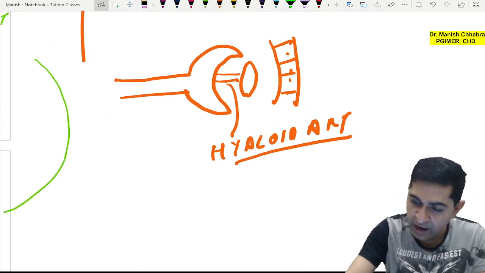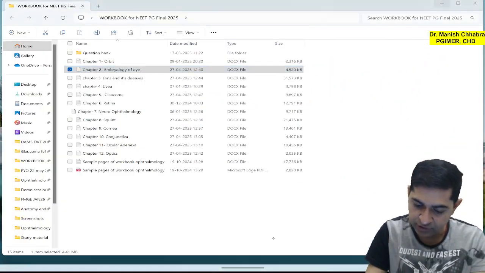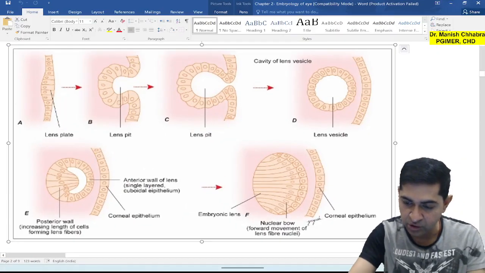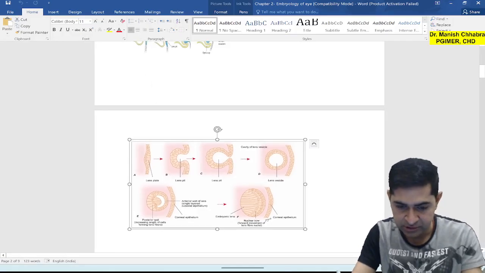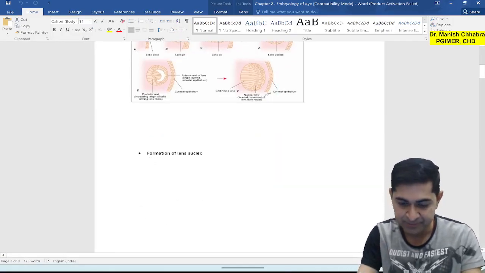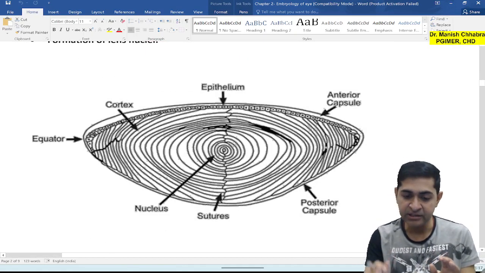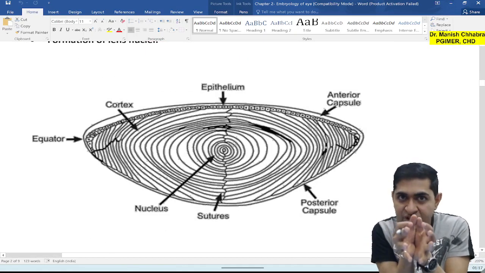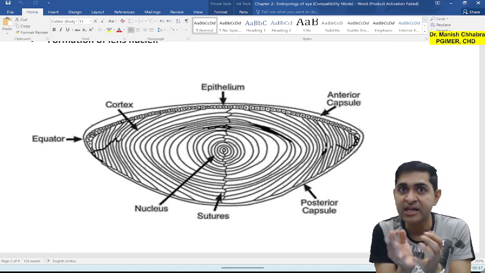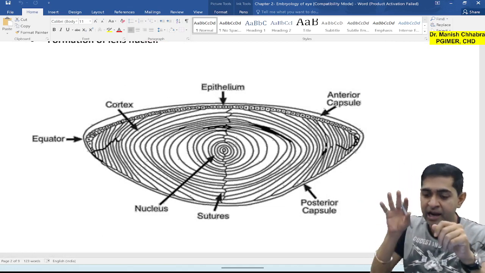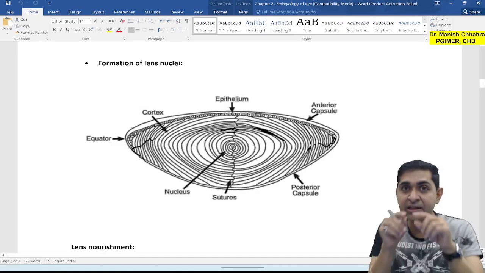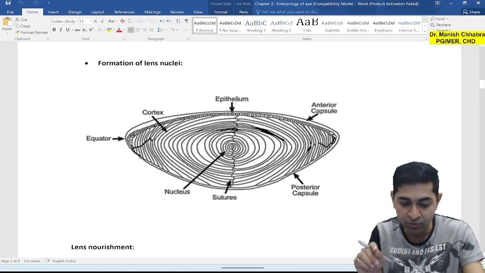Now I am going to show you another beautiful image to connect the dots. Just give me a second. Okay, so you can appreciate that there is the central nucleus and peripheral cortex, and there is anterior capsule and posterior capsule, and the peripheral part of the lens is equator.